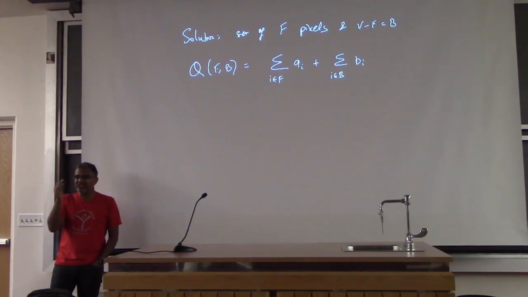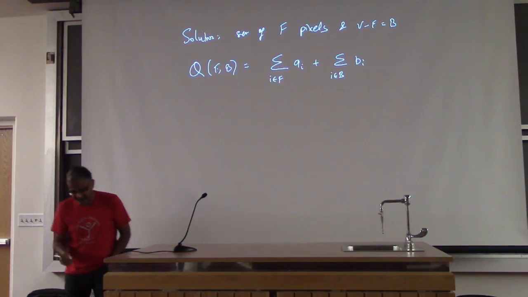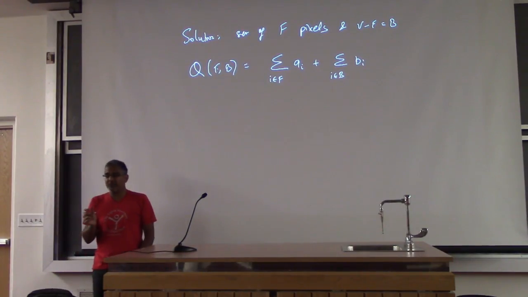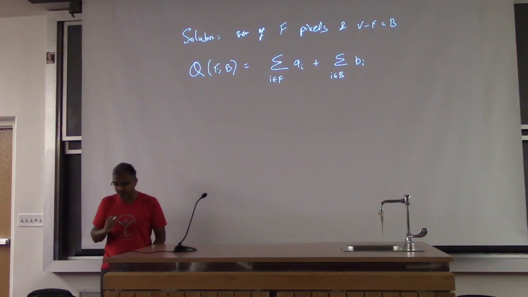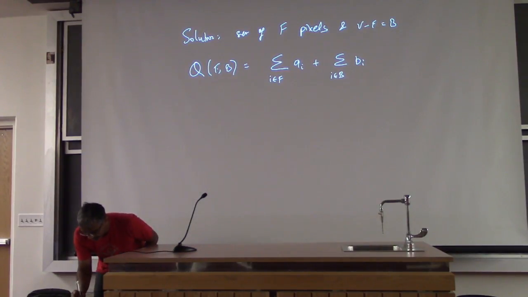But we also have this p_ij, this spatial coherence constraint. So we want to punish you if two things that were supposed to be together are being put separately. In other words, subtract out the sum for all i, j such that the size of the intersection of {i, j} with f is equal to 1.